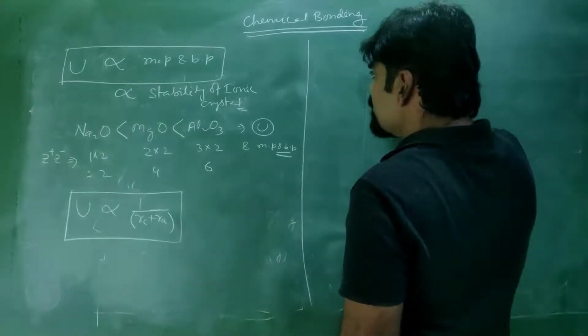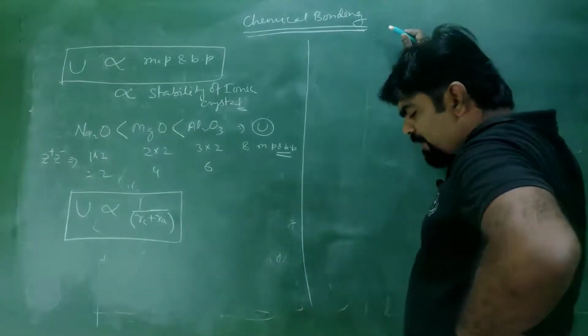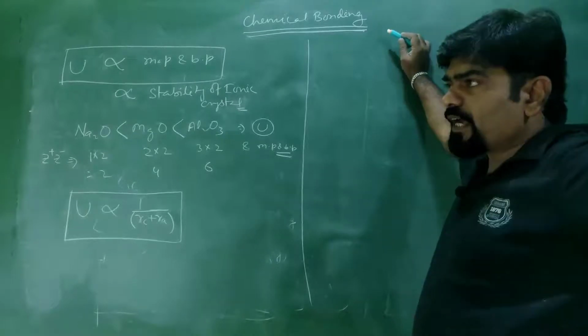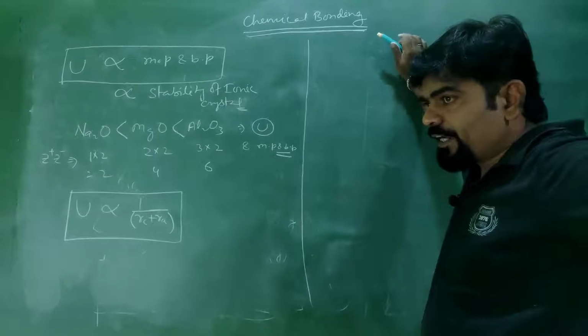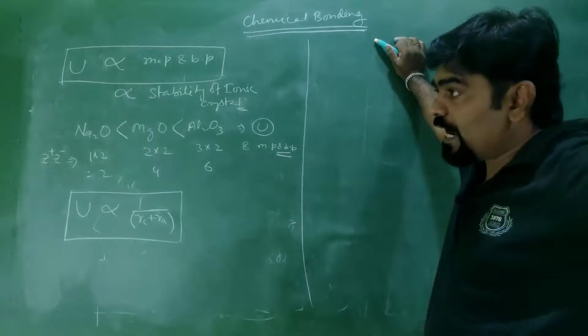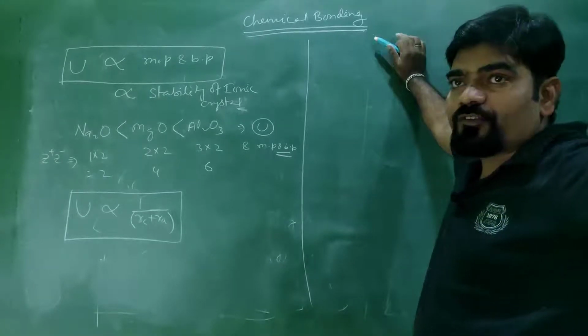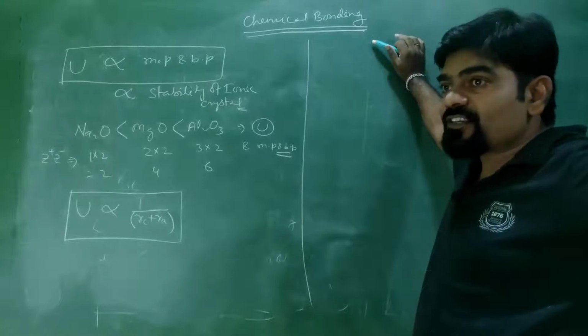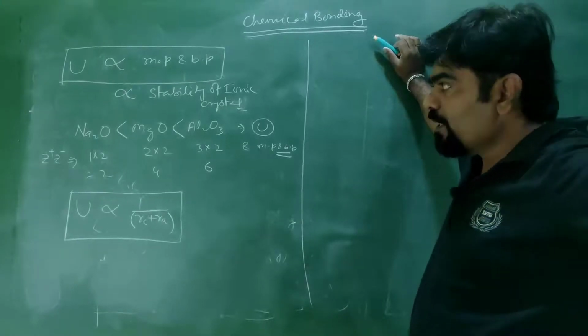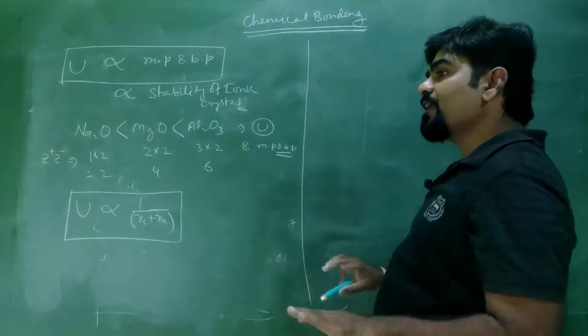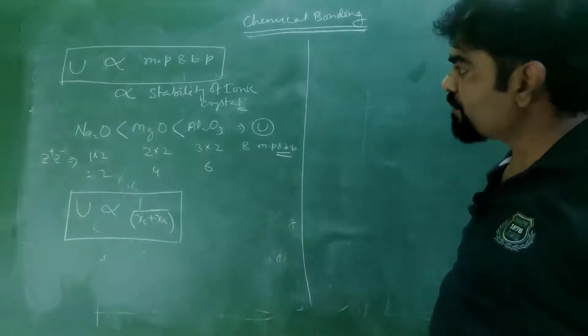Now, in their properties, we have seen the properties of ionic compounds: they possess very high melting and boiling points. Their ionic bond is polar in nature, having complete electrostatic force of attraction between cation and anion, so the compound must be completely ionized.